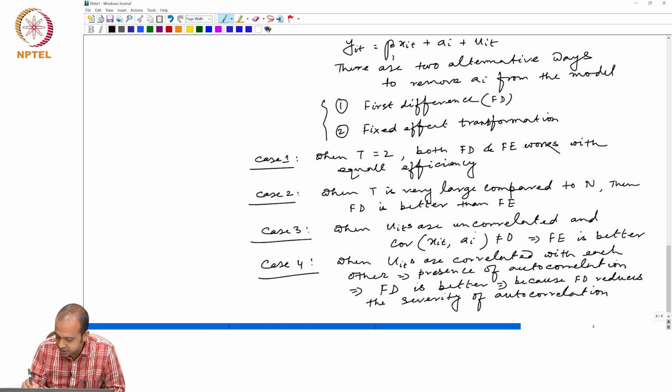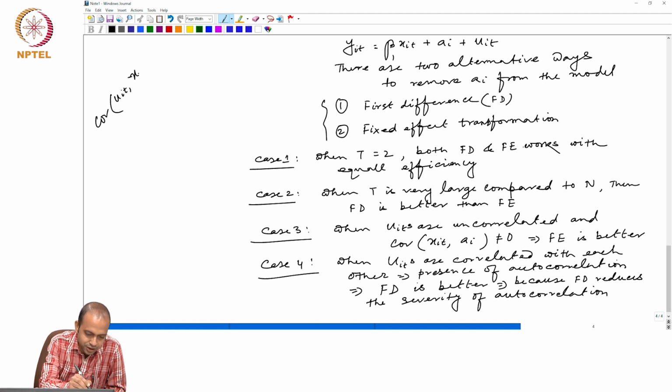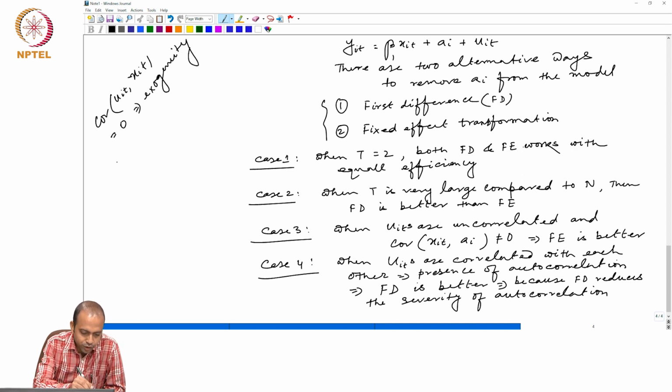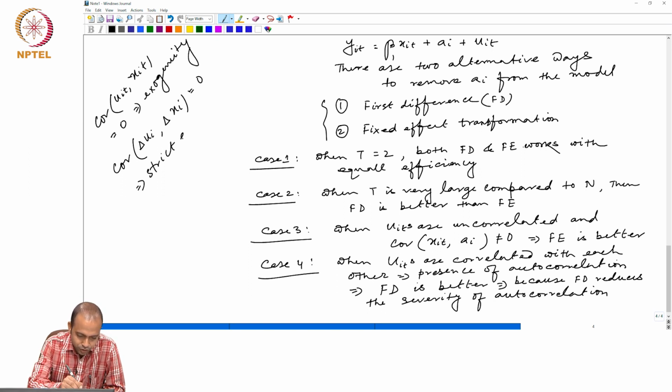Sometimes we say that this is UIT. So strict exogeneity: if the covariance between UIT and XIT is 0, then this is simple exogeneity. But when the covariance between delta UI and delta XI is also 0, then that is called strict exogeneity.